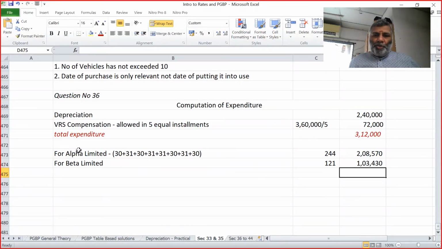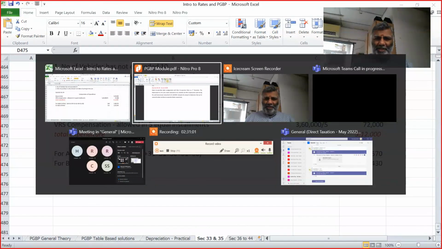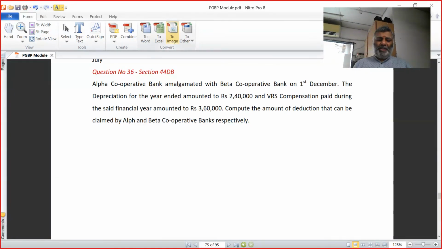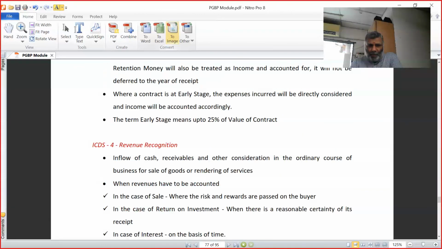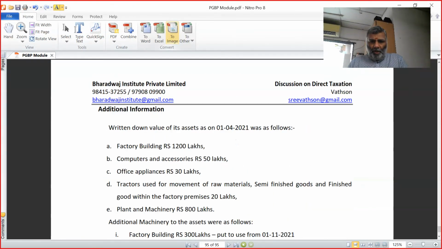So this is with regard to 44DB. I haven't seen a question, but generally in our institute material, they have put a question.